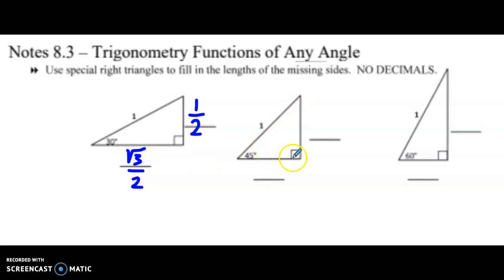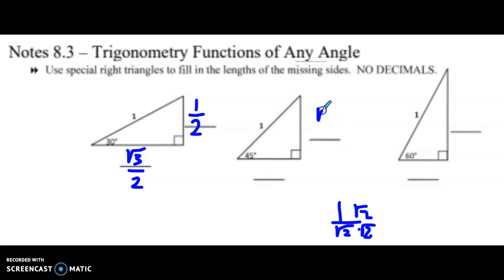In a 45-45 triangle, if the hypotenuse is 1, the short side, or the legs, are the hypotenuse divided by the square root of 2. So that would be, I'm just going to show my work over here, 1 divided by the square root of 2, but remember we have to rationalize the denominator, so we're going to get rid of that square root in the denominator.